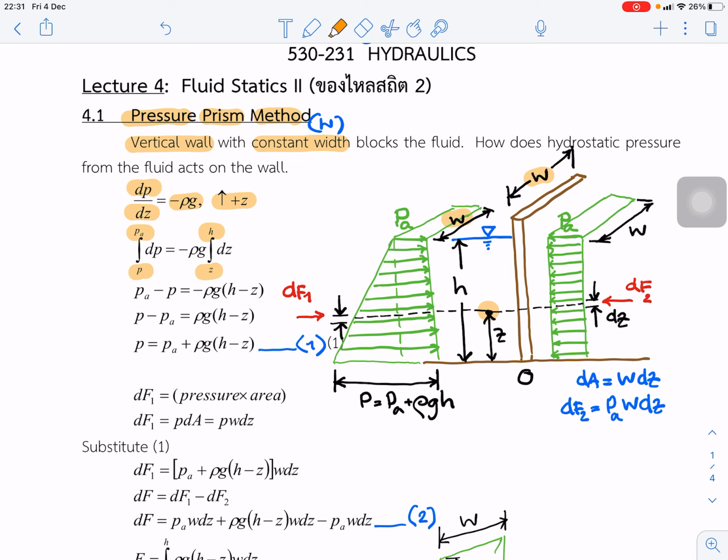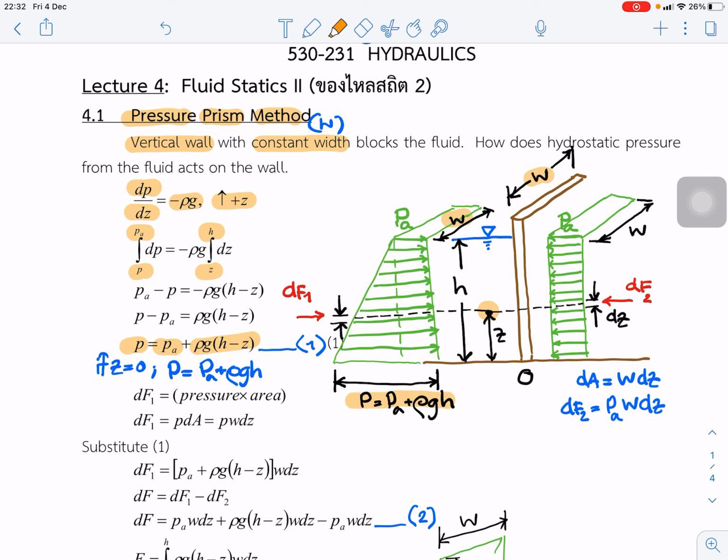We can derive the equation P equal to PA plus rho g times (H minus z), which is equation 1. If z is 0, then P is equal to PA plus rho g H. So that is what we got from this.